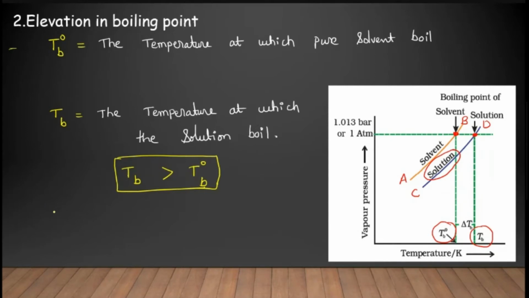So the difference which is existing between the T naught B and TB, that is represented as delta TB. This difference is called as the elevation in boiling point.